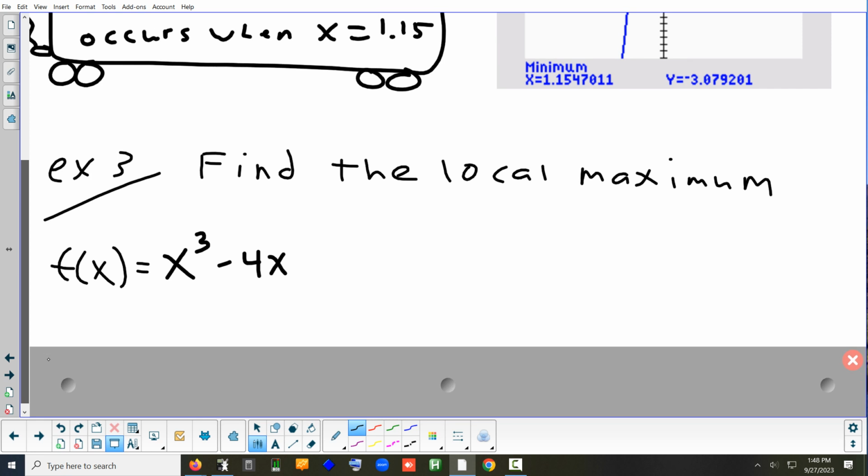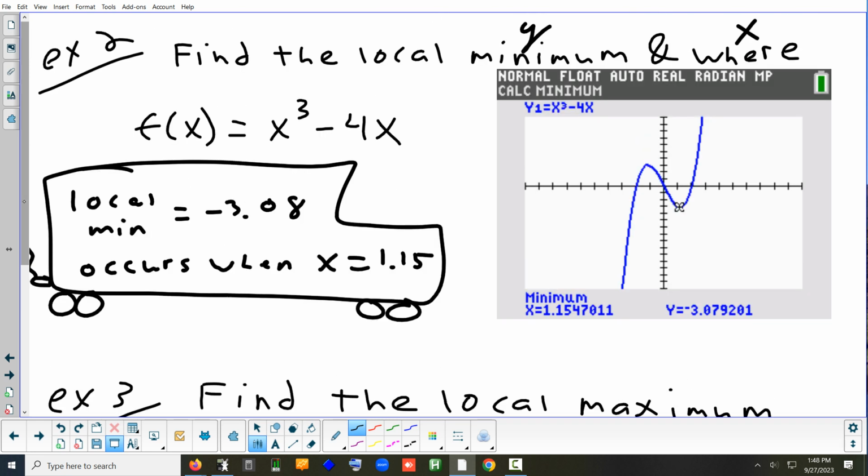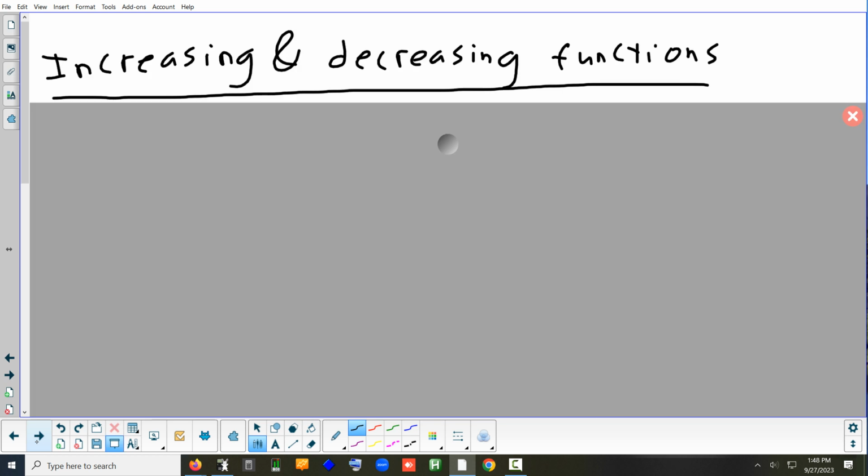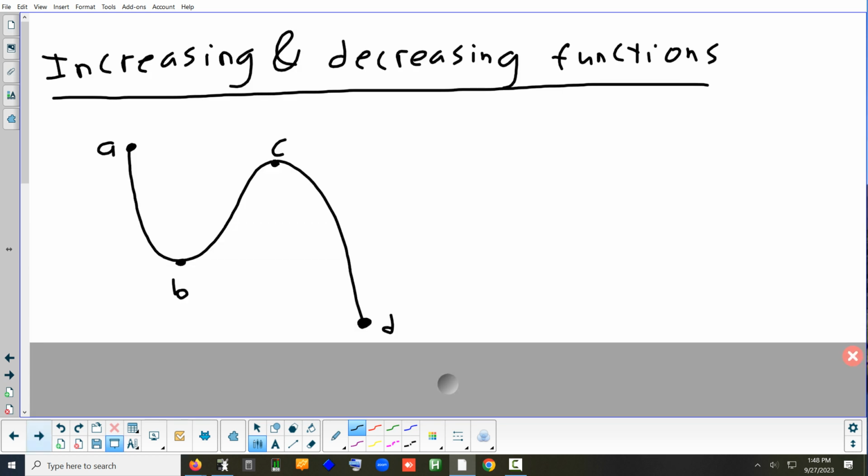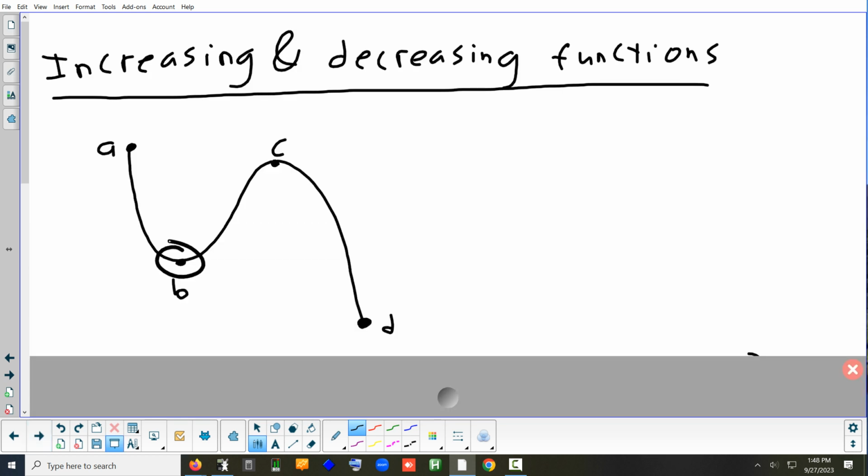I think the local maximum, it's actually symmetrical. That's not always true, but I think it ends up being negative 1.16, positive 3.08. It's like a reflection. Is there any question on how you calculate a maximum? All right, so if this is a minimum and this is a maximum, what's happening on the graph between A and B?